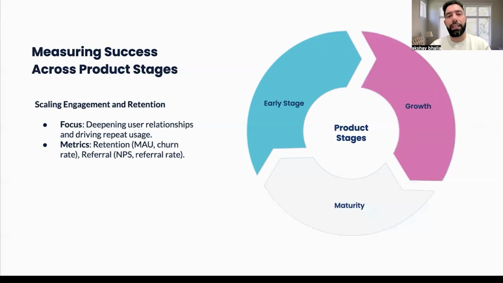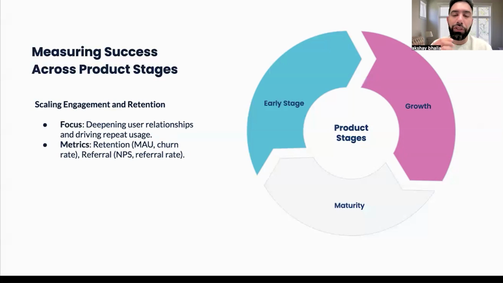Next, the growth stage. As the product gains traction, the focus shifts to deepening user engagement and driving retention. Here, it's super critical to measure whether the users are coming back and continuing to rely on your product or not.